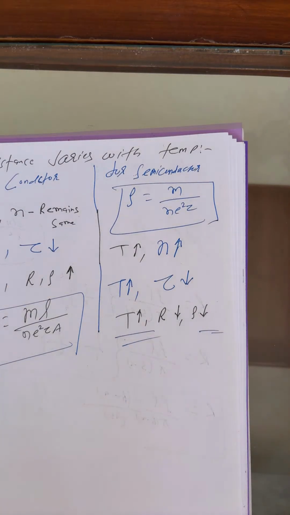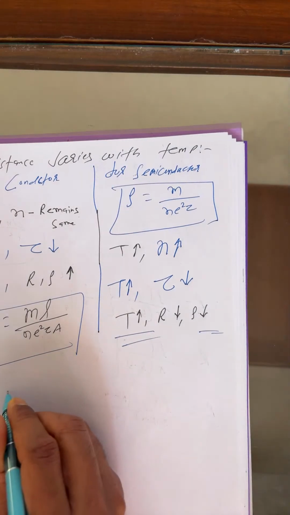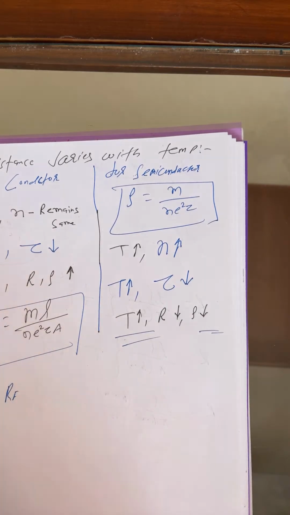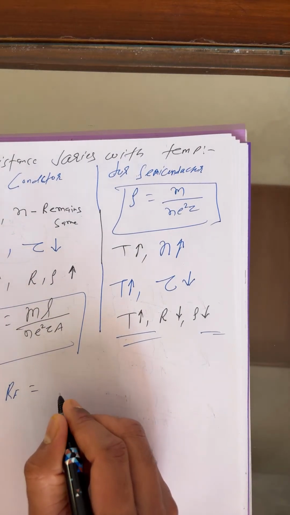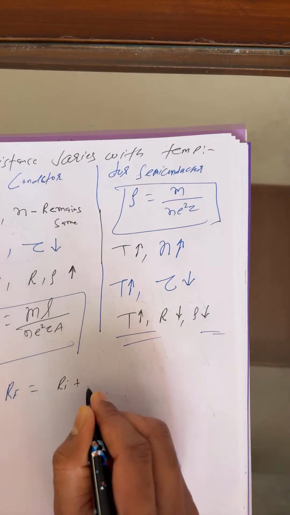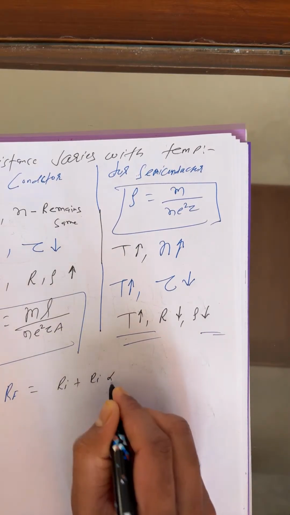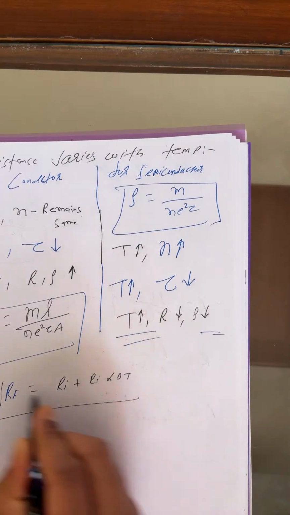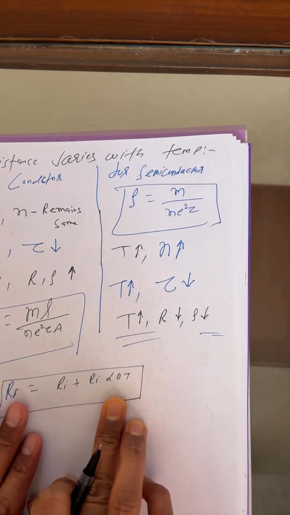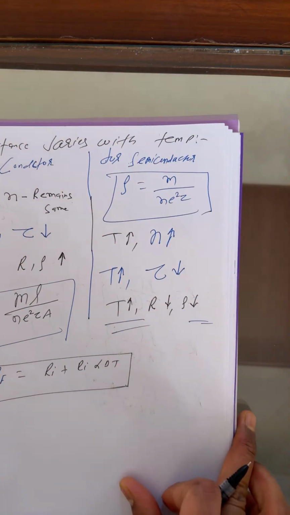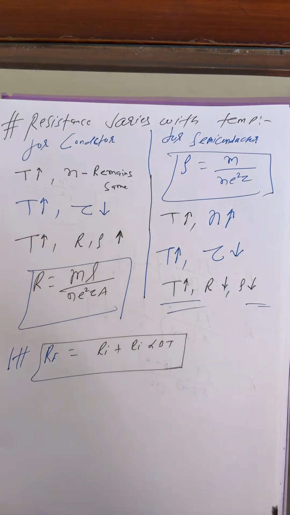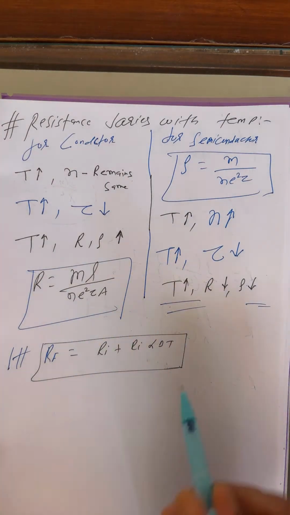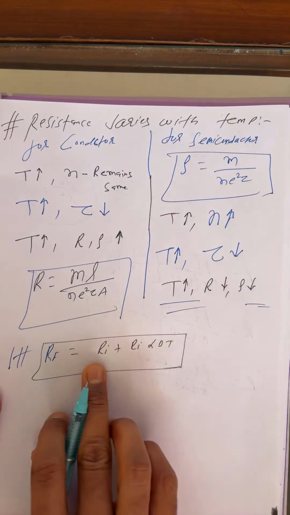For this condition, R final is equal to R initial plus R initial alpha delta T. In 99.99 cases they will ask this formula. But there is a 1% possibility that they can ask about, let us suppose, you can apply this formula if alpha is constant.